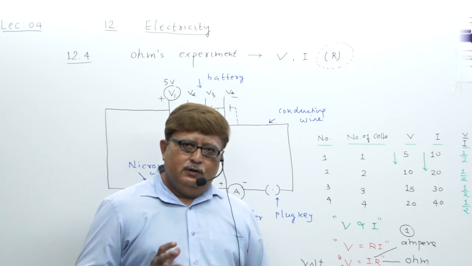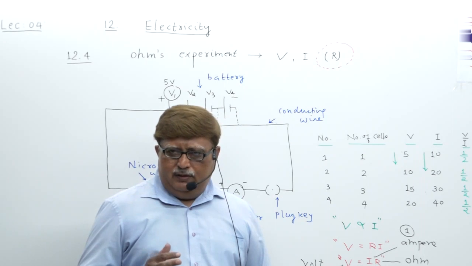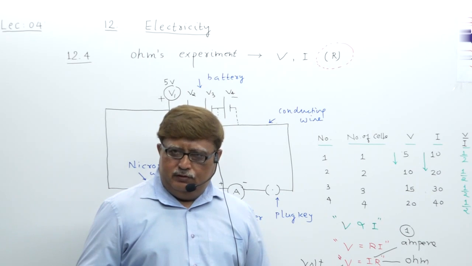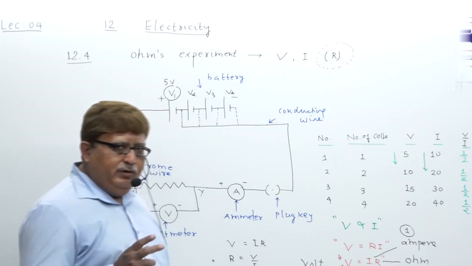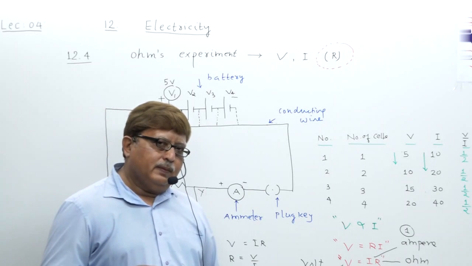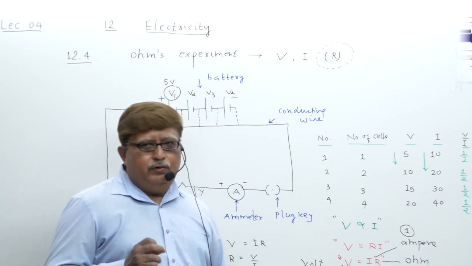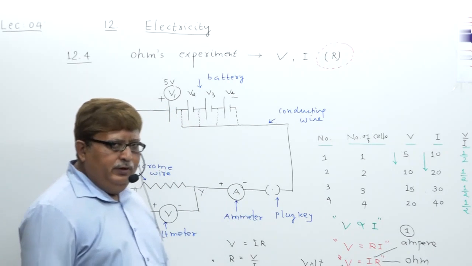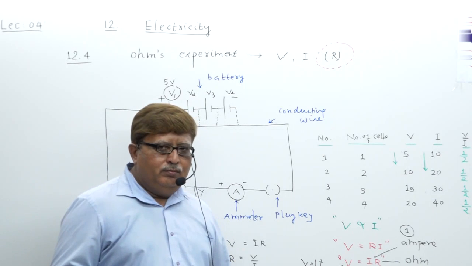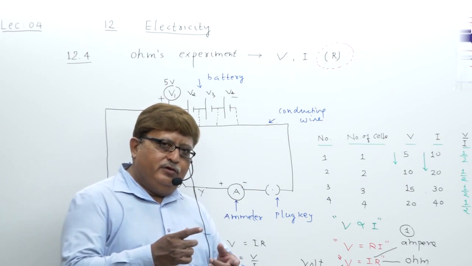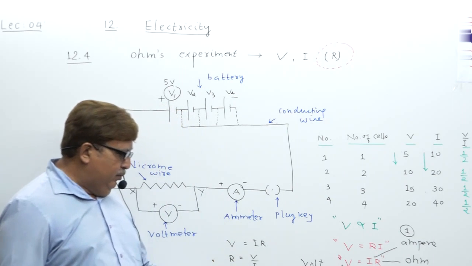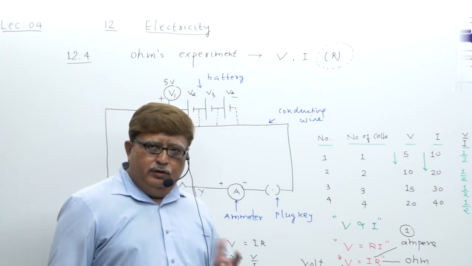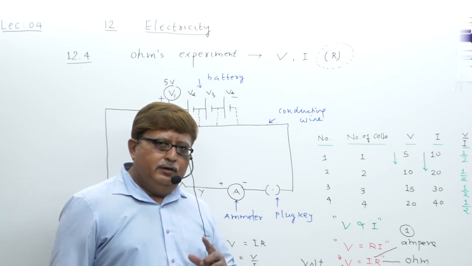Suppose I ask, what is the unit of conductance? So you understand by common sense, conductance is the opposite of resistance. So because conductance is the opposite of resistance, its unit can also be the opposite of ohm. So just take ohm and invert it, what happens? mho. So mho is the unit of conductance.